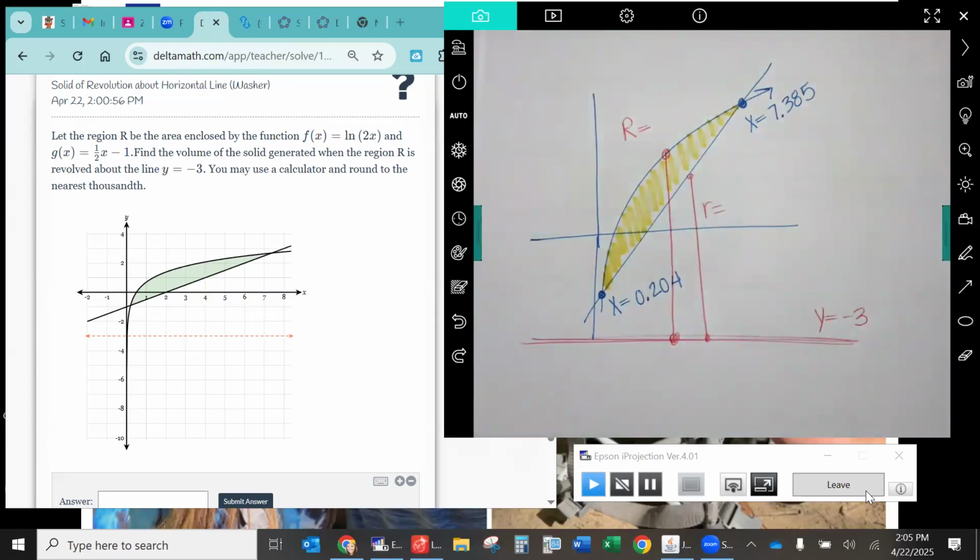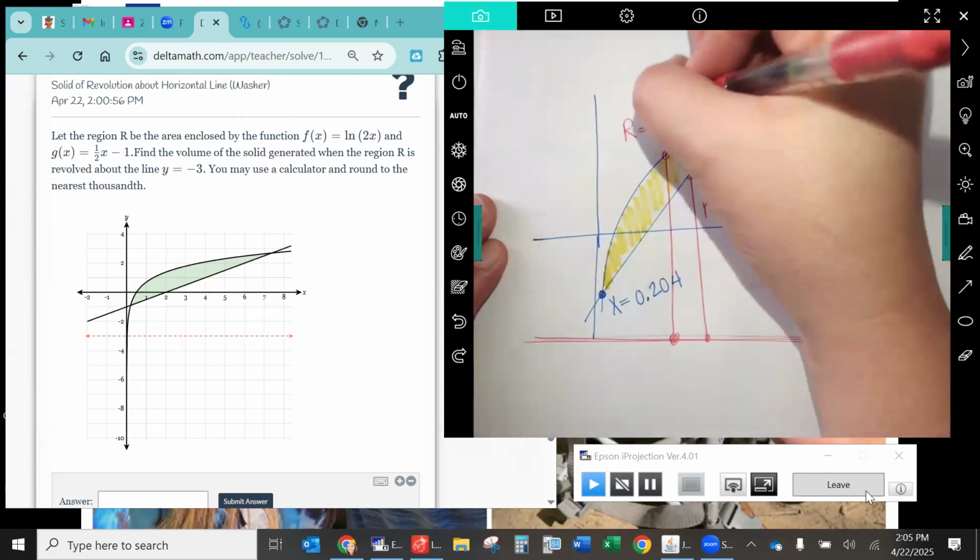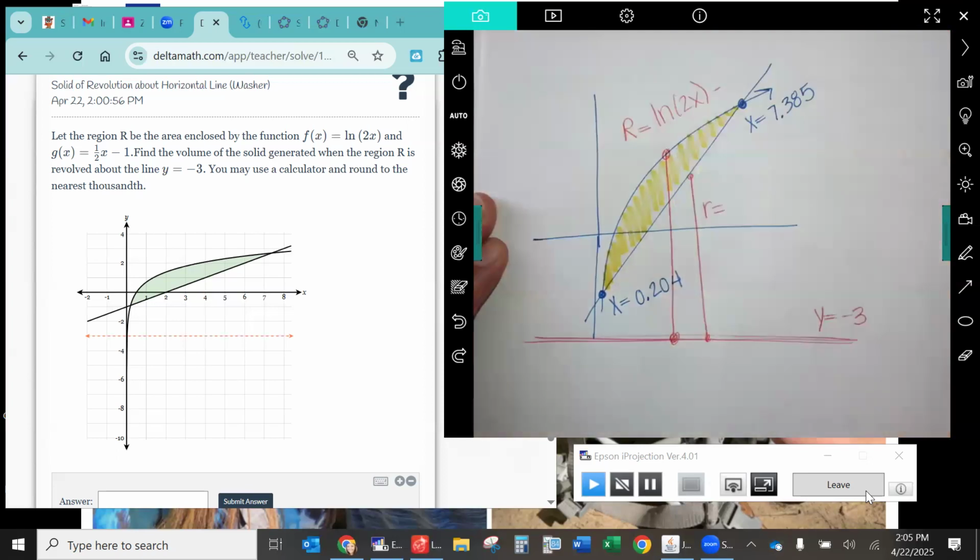So for big R, what's the top of it touching? ln 2x. And then what's the bottom of it touching? -3, right? Because I'm stretching from here all the way to the axis of rotation. Okay, then for my little r, what's the top of it touching? 1/2 x minus 1.